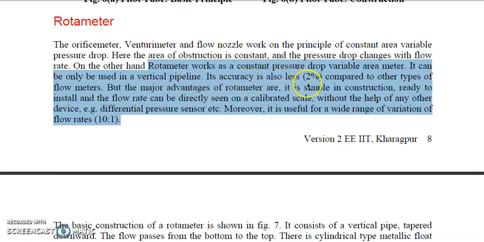It has lesser accuracy, about 2% lesser compared to other types, but it's simple in construction and ready to install, and the flow rate can be seen directly on a calibrated scale without any other secondary transducer. It is useful for a wide range of variation of flow rates, that is a 10:1 ratio.